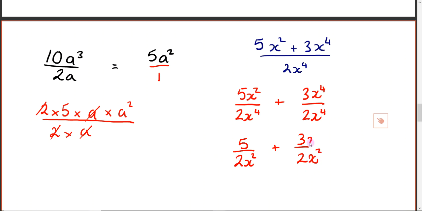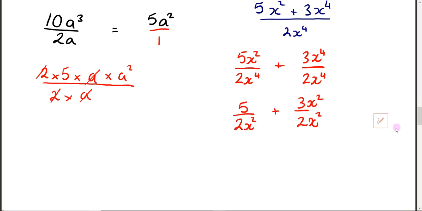So that would make this. Now, what we can then do is we can put it back together and write it as 5 plus 3x squared all divided by 2x squared, okay?